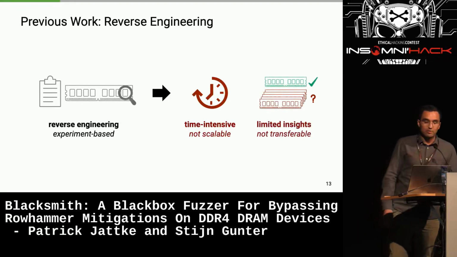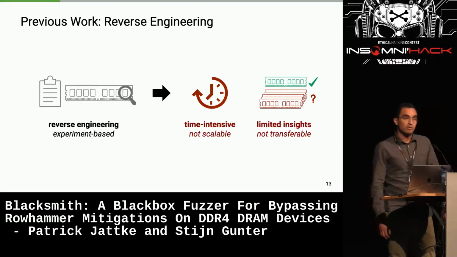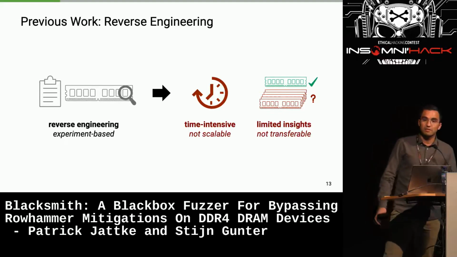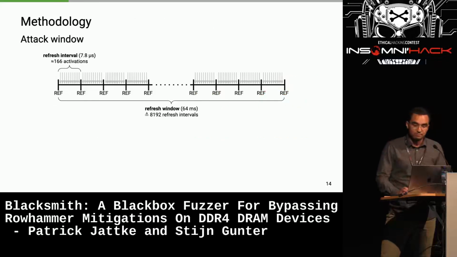Also, it provides only limited insights that may not be transferable among devices, because we have seen in existing work that manufacturers might change their mitigation, for example, across different devices or device generations. So the insight that you gain is quite limited.